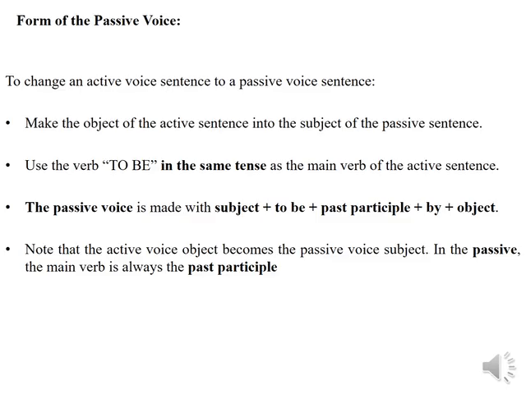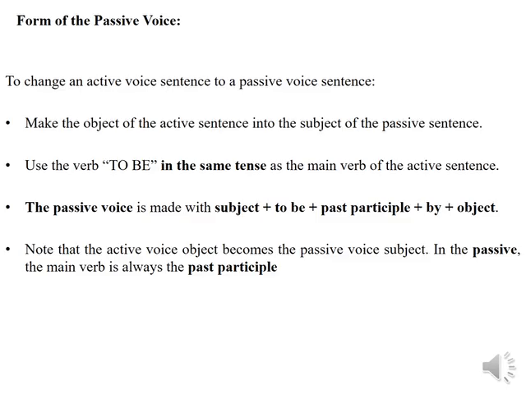So we have 8 of them. We have 8 be verbs in English. These are the 8 be verbs we have in English.